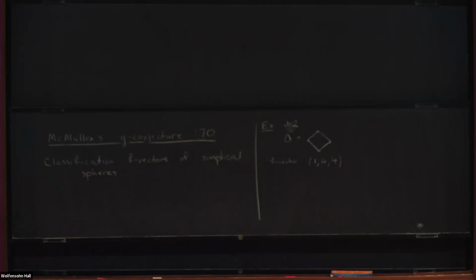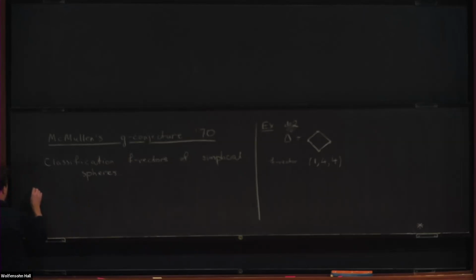Now I'm going to state the actual conjecture here, and I'm not going to explain what it means. I'm mainly just going to tell it to you now because it's a little bit funny to state it. And later in the talk we'll understand what this means. So what's the conjecture of F vectors?